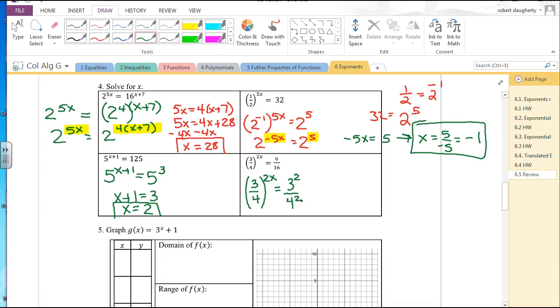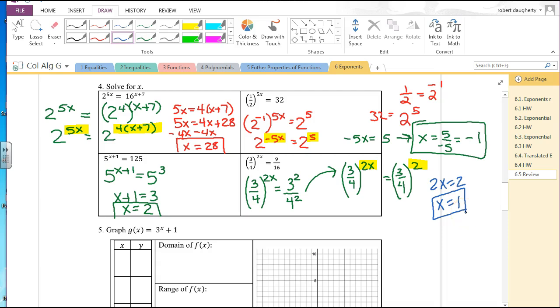So if I do that, then I've got (3/4)^(2x) = (3/4)^2. Now I have the same thing on both sides of the equation raised to a power. That means those exponents must be equal. So 2x has to equal 2, therefore x has to equal 1.